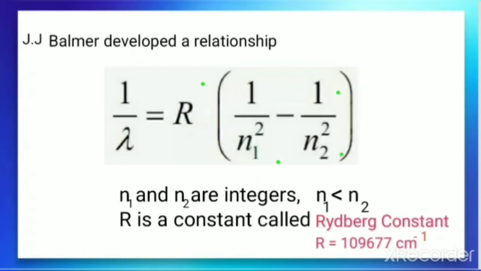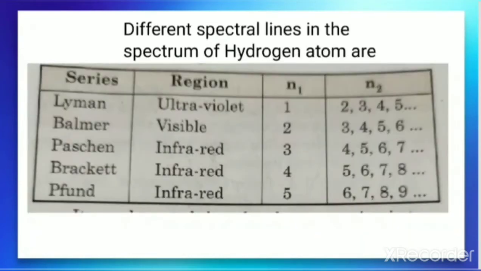These n1 and n2 are actually energy levels. Let us discuss this with the chart. It is observed that the different spectral lines in the spectrum of the hydrogen atom are the Lyman series, Balmer series, Paschen series, Brackett series, and Pfund series.